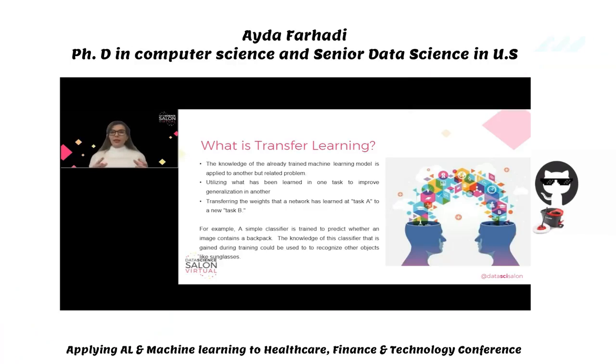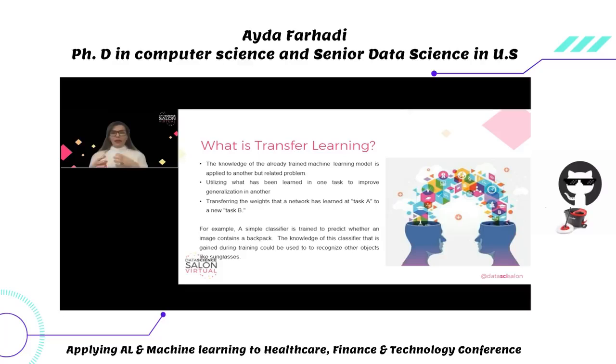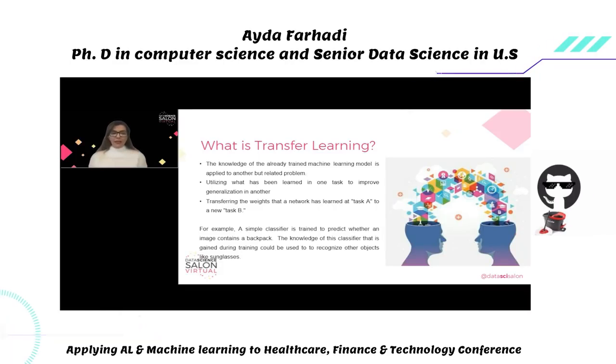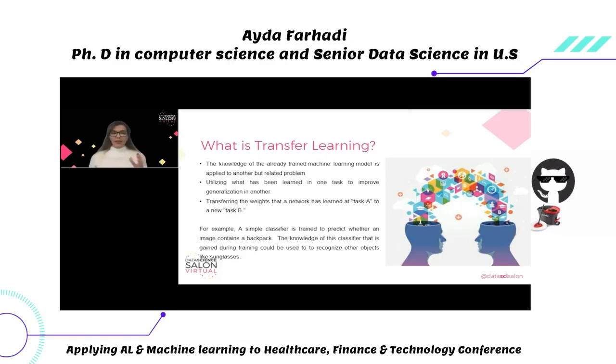So this way we can digest the concept of transfer learning. And as an example, a simple classifier that is trained to identify a backpack in an image can be utilized to identify other objects in the image, such as sunglasses.